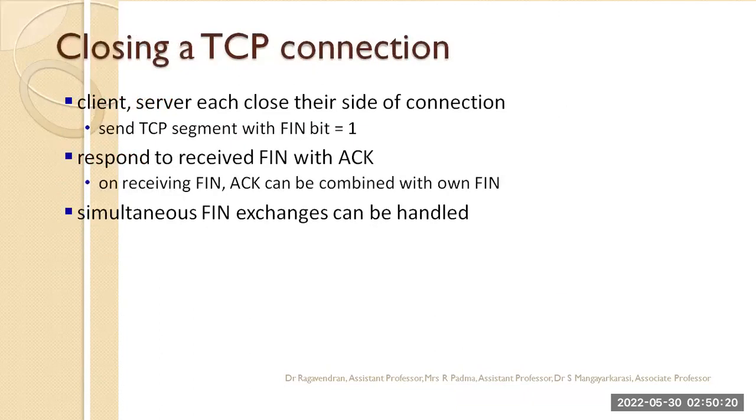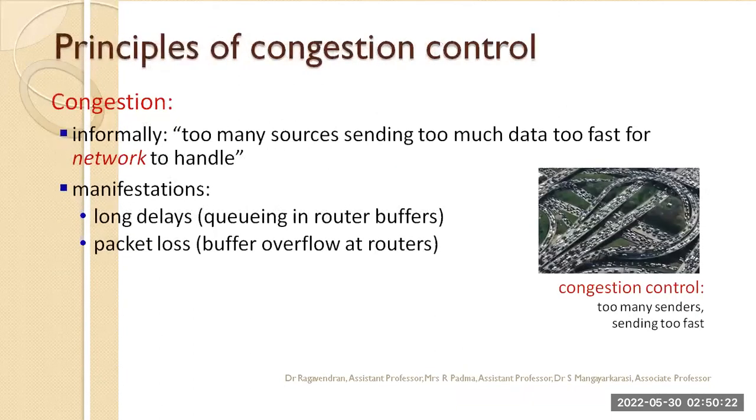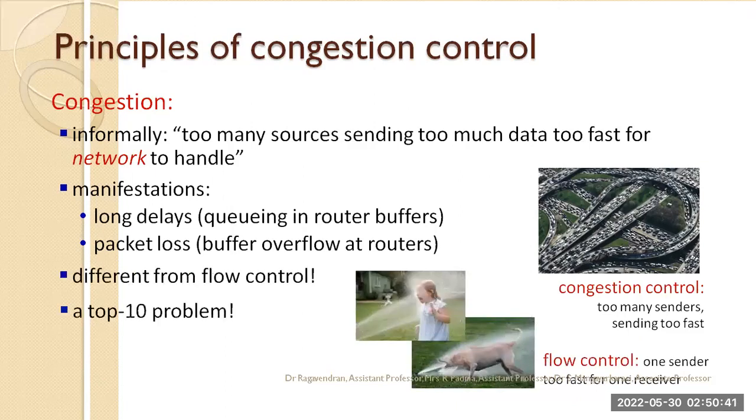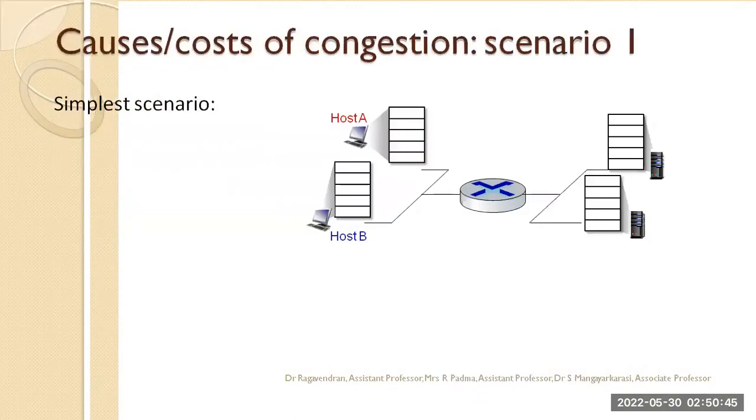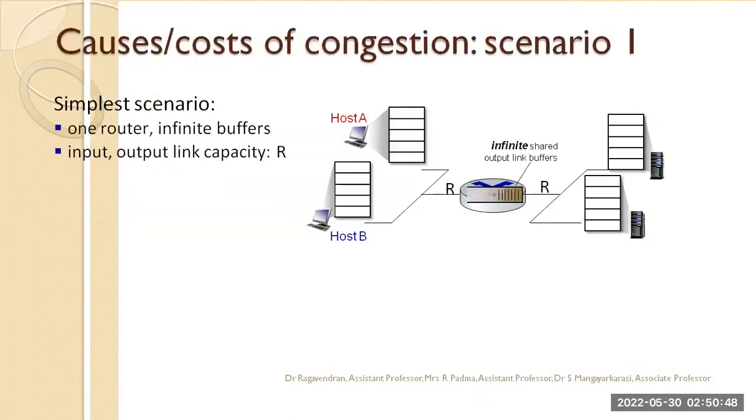And the next is the principles of congestion control. Informally, it is too many sources sending too much data too fast for the network to handle. Its manifestations are long delays and packet losses. It is different from flow control, and a top-10 problem. It causes congestion in scenario 1.